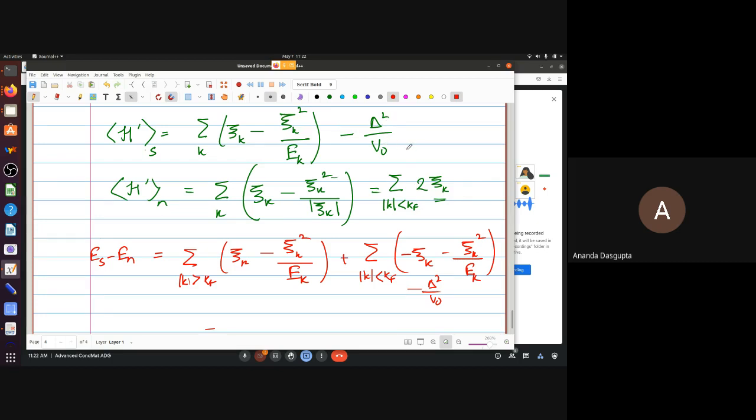So it's just this expression, no change. You take this expression as it stands, just put in delta equal to 0. Of course, when delta is 0, then Ek is actually mod xi k. I just put that in. And delta is 0 means this term is not there. Right? So why did we write in the second term that minus xi k squared by ek? This one. Yes, I'm writing this term.